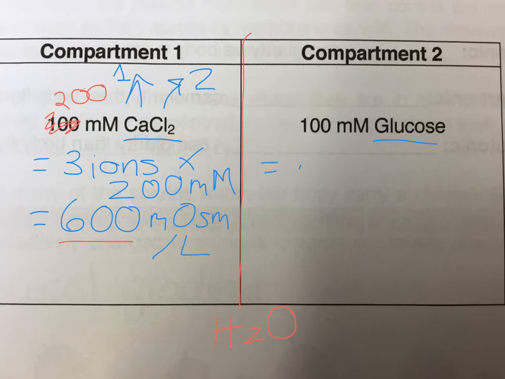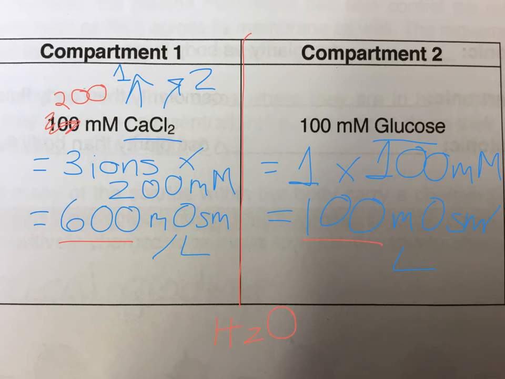So then we have 1 of these molecules times 100 millimole. So this is going to give us an osmolarity of 100 milliosmoles per liter.